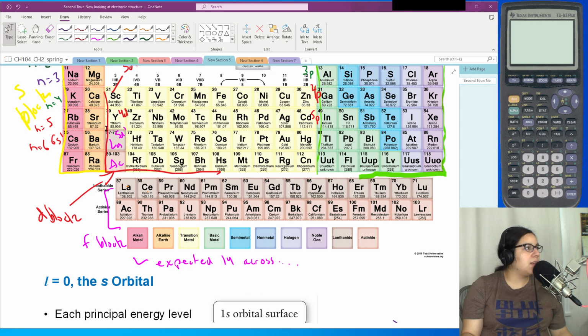Or you might see it as just 4f1 if people put it at the start of the 4f. So again, we're in our n equals 4 for our first f block. So this is 4f and this is 5f. So 4f1, 5f.